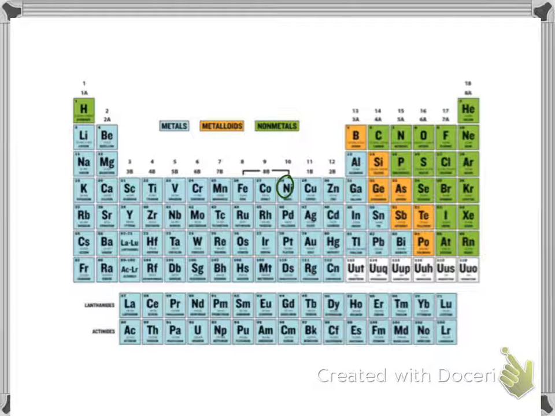Now you look at all these elements here at the end. All these elements have three letters. Before, the rule was that for all these elements where you see one letter or two letters, the names are based on the person who found it, or where they were found, or based on their properties.